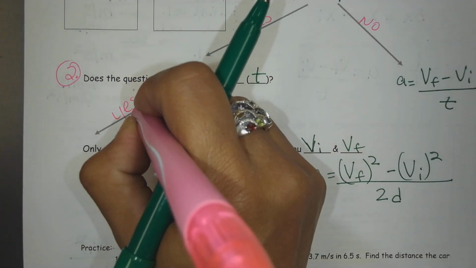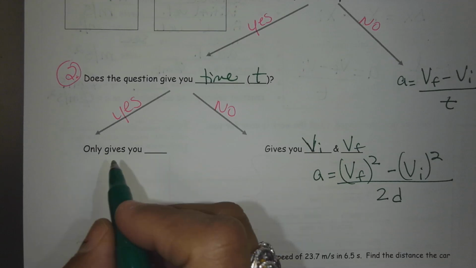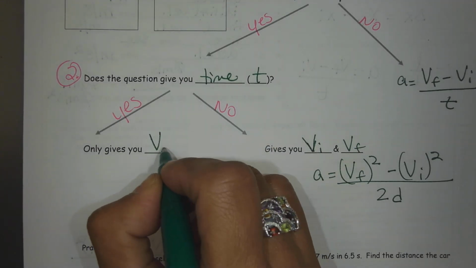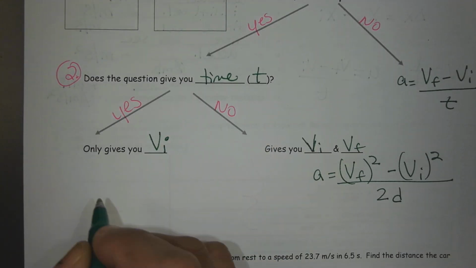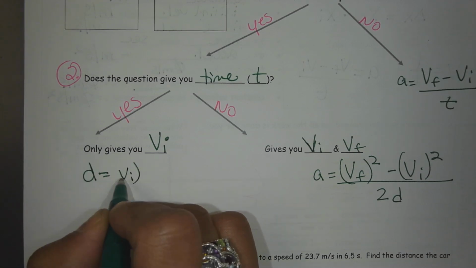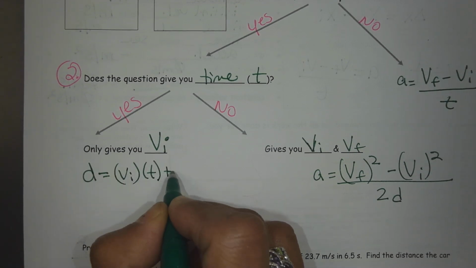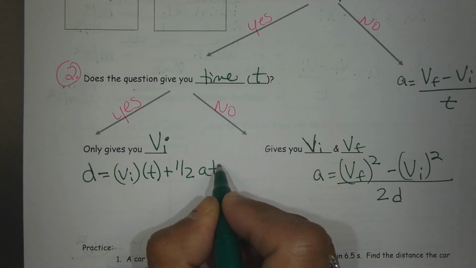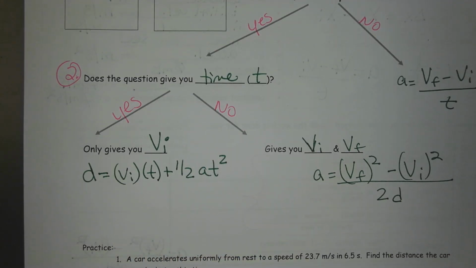If t was given to you and they only give you the VI, then you're going to use this equation. D equals VI times t plus 1/2 at squared. There you go. My flow chart is really good.